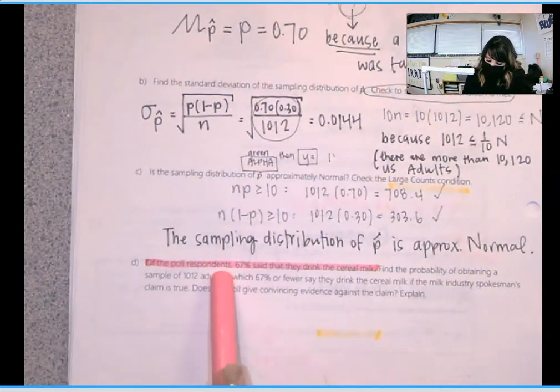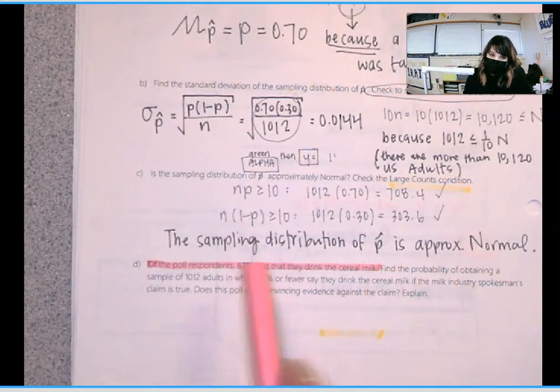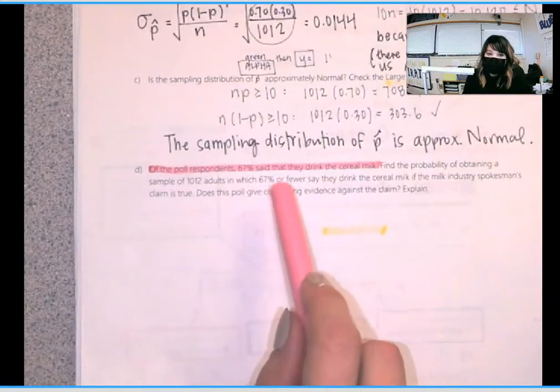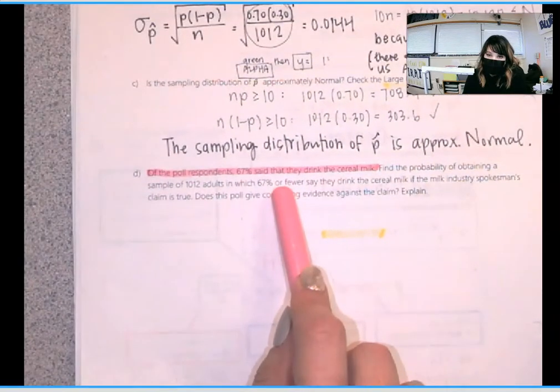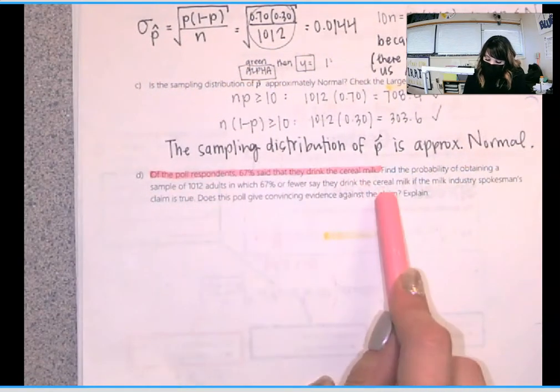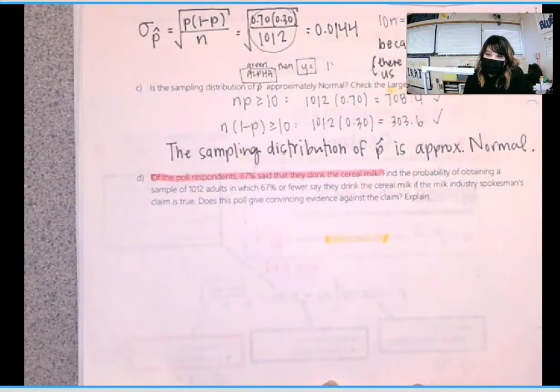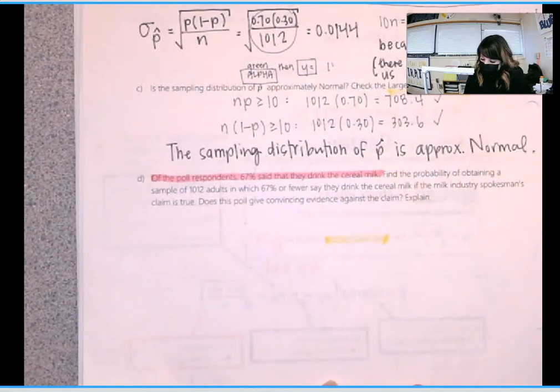We calculated how many of them drink their cereal milk. 67% of them said they drink the cereal milk. Well, now they're saying find the probability of obtaining that sample value if the milk industry's claim is true. And then it says, does this poll give convincing evidence against the claim? So we're finding a probability and then using that probability to test a claim.